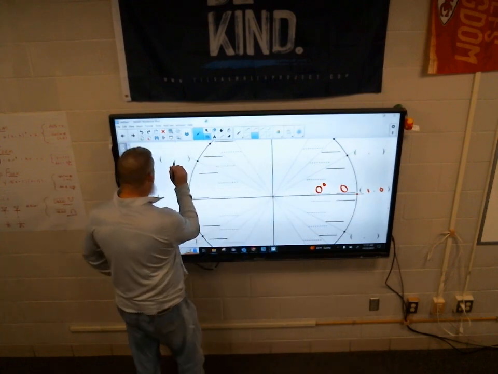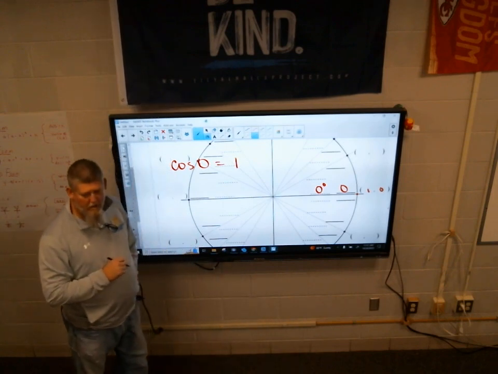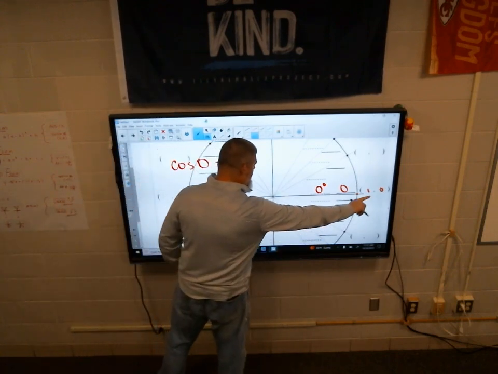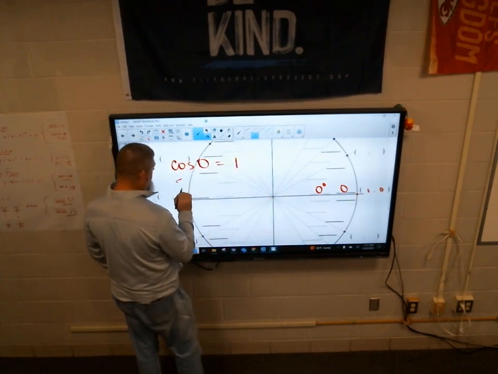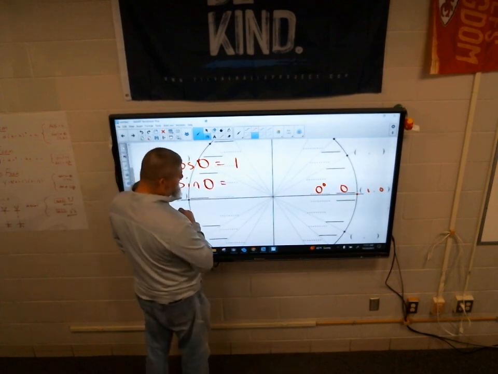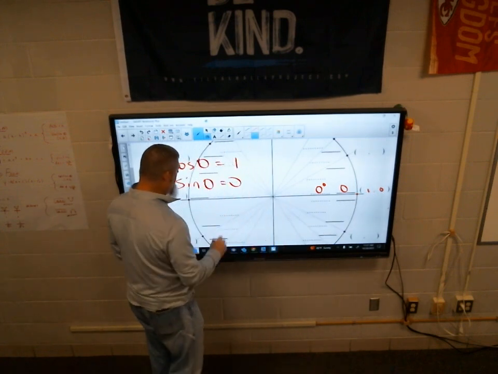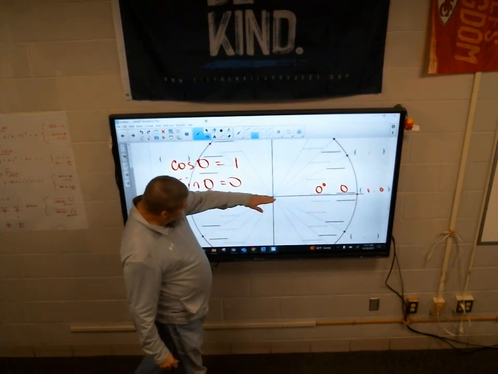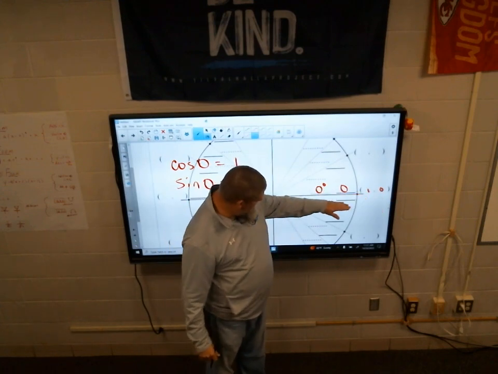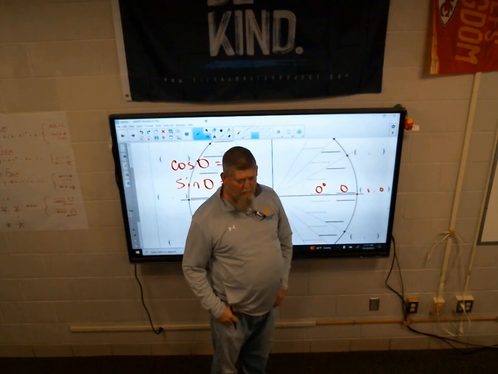So if you want to check me, the cosine of 0 in your calculator will equal 1. What's the y value? 0. The sine. So the sine of 0 is going to be 0. Because at this point we have angle 0, 0 degrees, 0 radians. The cosine is 1, the sine is going to be 0.